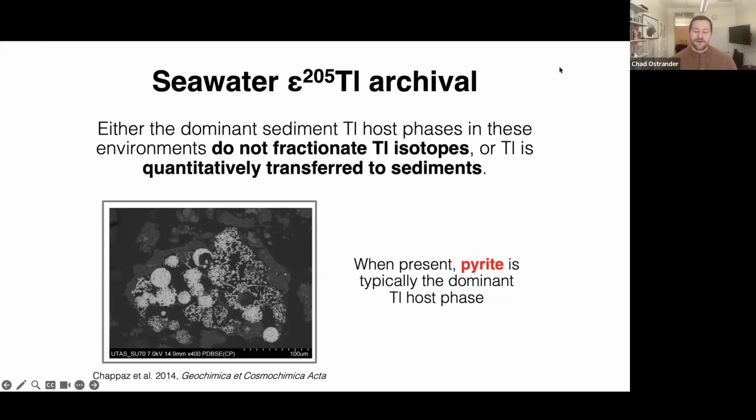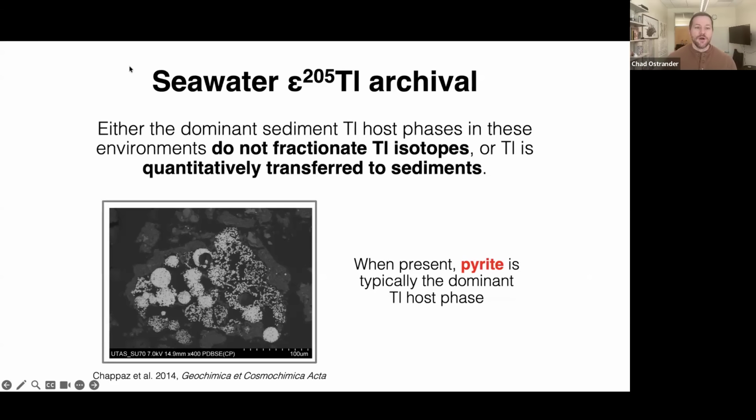Either the dominant sediment thallium host phase, in the case of reducing sediments, pyrite, does not drive a quantifiable isotope fractionation for thallium isotopes, that's a possibility, or thallium removal in these systems approaches quantitative. And so if all of the thallium delivered to a water body is removed to sediments, there's no opportunity for isotope fractionation.